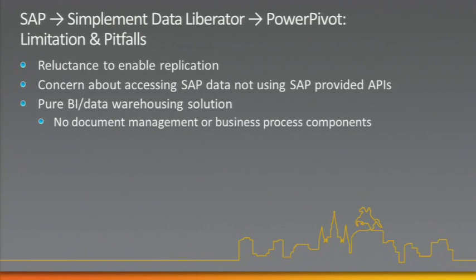Some of the limitations and pitfalls: I've talked to just a few SAP admins, and they're a little bit reluctant to enable replication, although I've seen the story loosen up a little bit about that. There's also concern about accessing the SAP data without using the SAP provided APIs. And this is a pure BI data warehousing solution, so Simplement doesn't provide document management or business process components. However, if what you need is a data warehousing solution, this can quickly get you there.